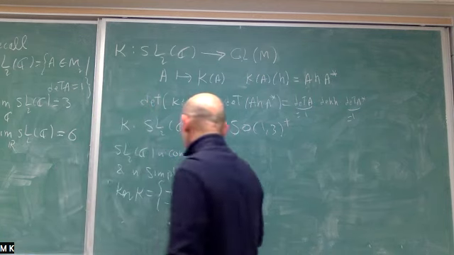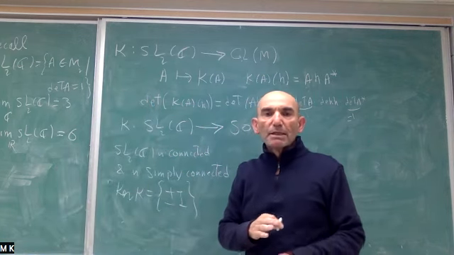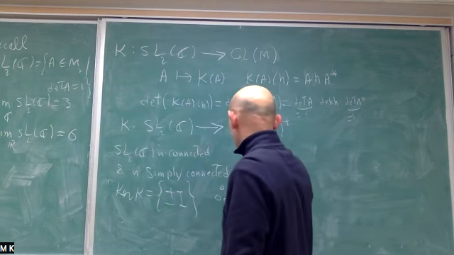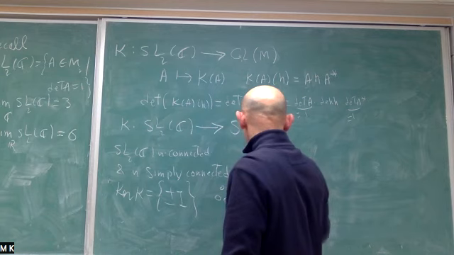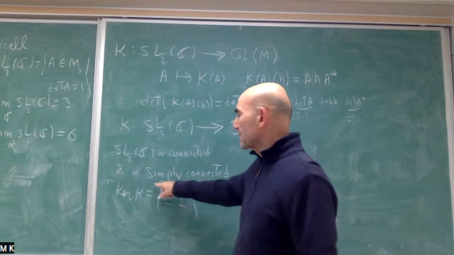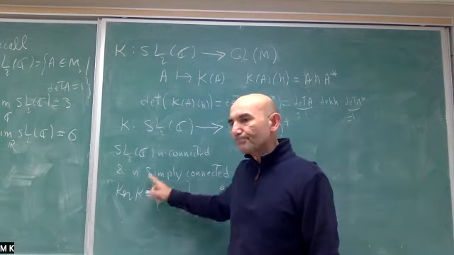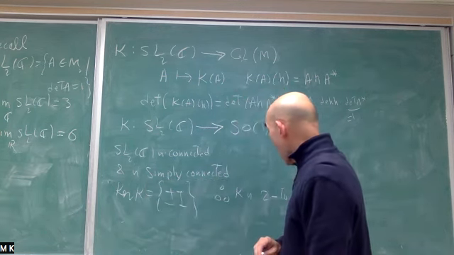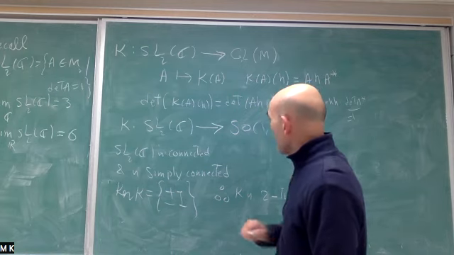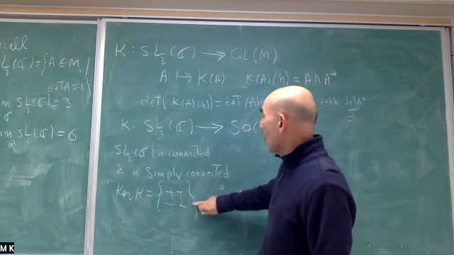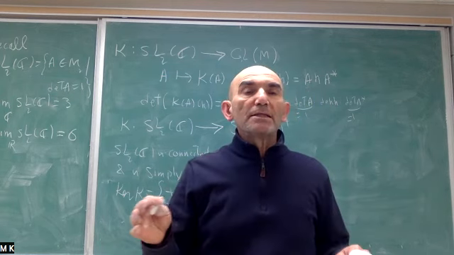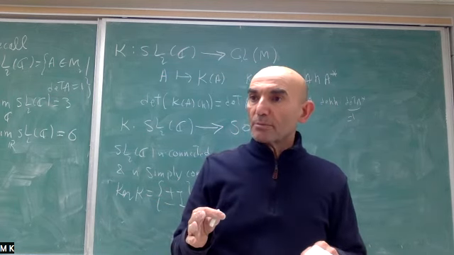So what happens now is that this K is a 2-to-1 homomorphism. And if we accept that this is simply connected, coupled with the following fact: because it's a 2-to-1 map, you know that in the neighborhood of the identity this is a diffeomorphism.